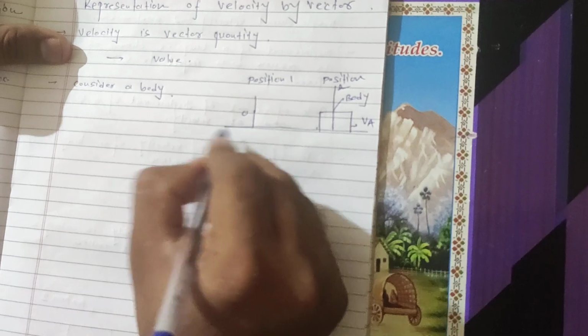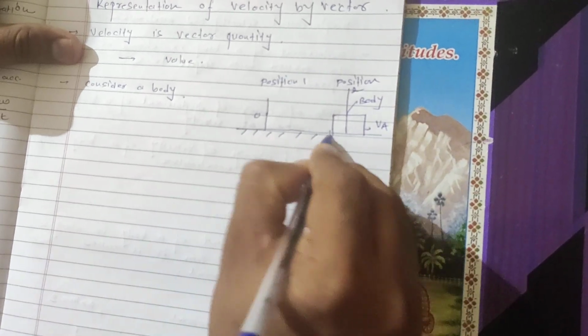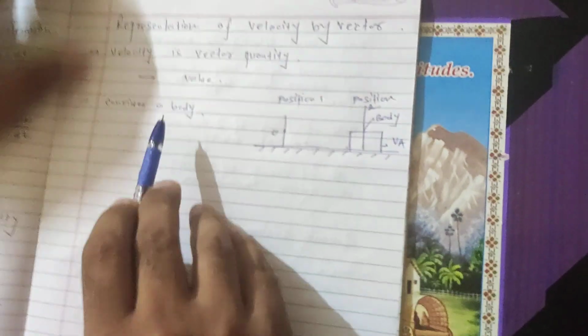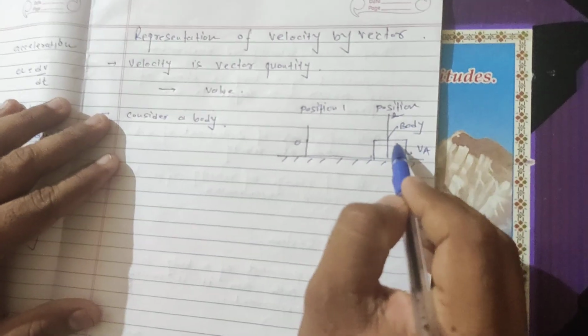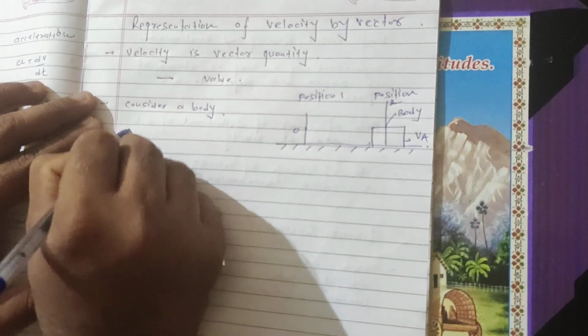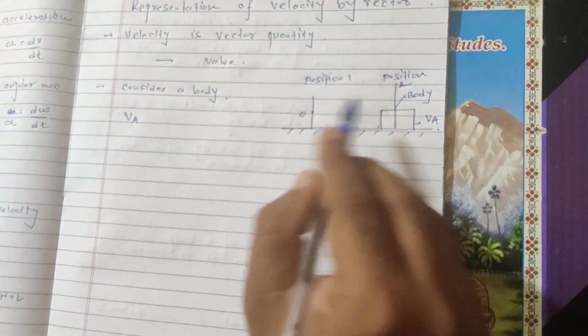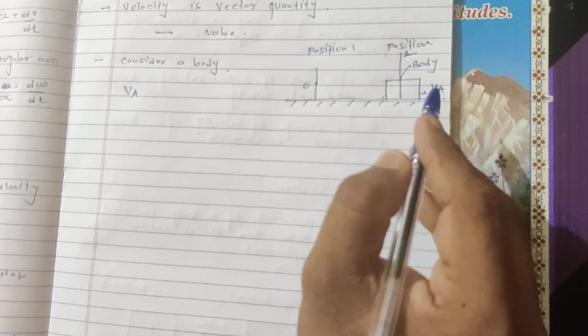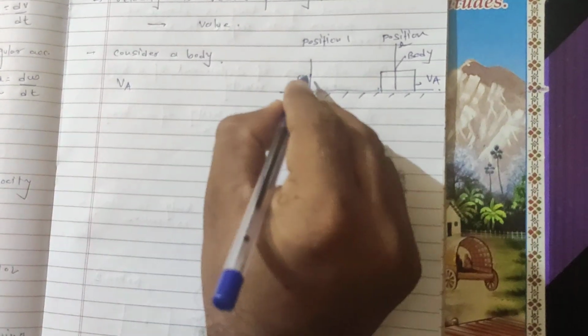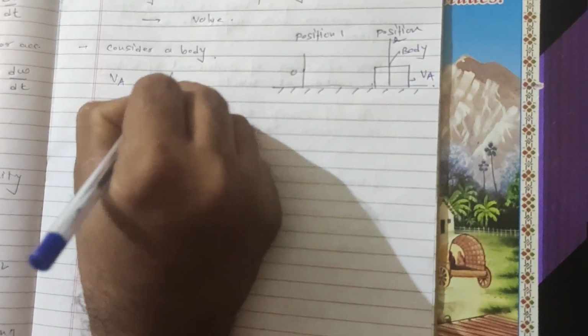This is a fixed line or datum line. From this figure, consider a body that moves with a velocity VA with reference to some fixed point, that fixed point being O.